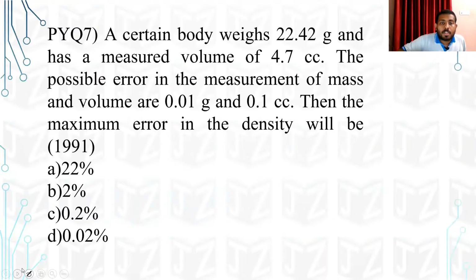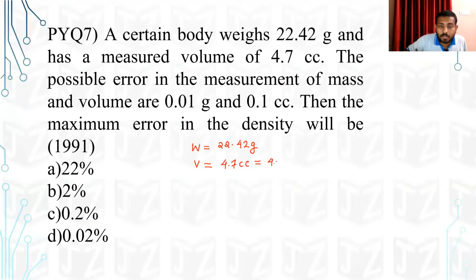A certain body weighs 22.42 gram and has a measured volume of 4.7 cc, that is cubic centimeters. So the original weight of the body, the true value, is given as 22.42 gram, and its volume is given as 4.7 cubic centimeters.